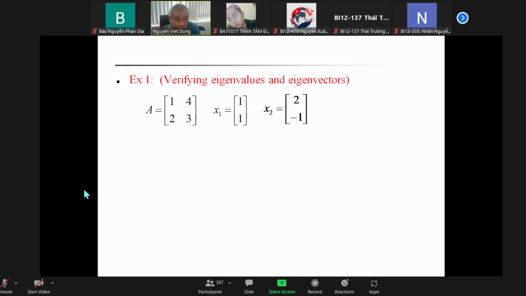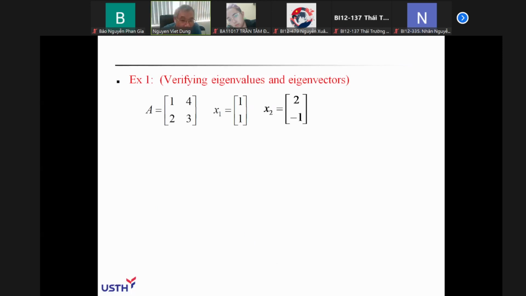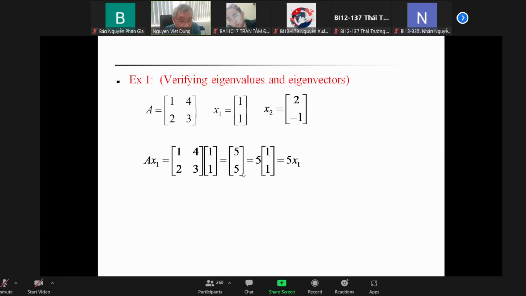Let A be this very small 2 by 2 matrix. Suppose that x1 is this column matrix, and x2 is the second column matrix. If you multiply A by x1, you get (5, 5).